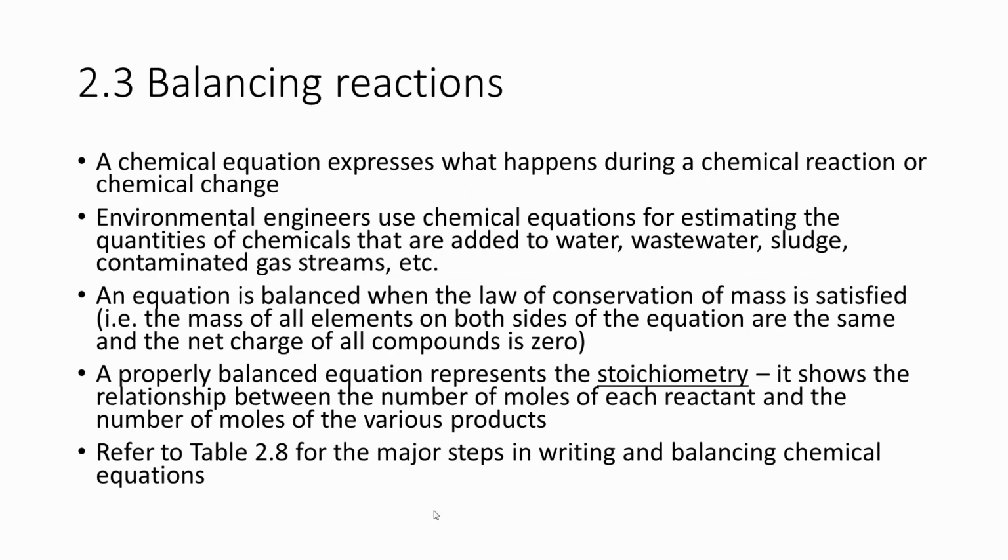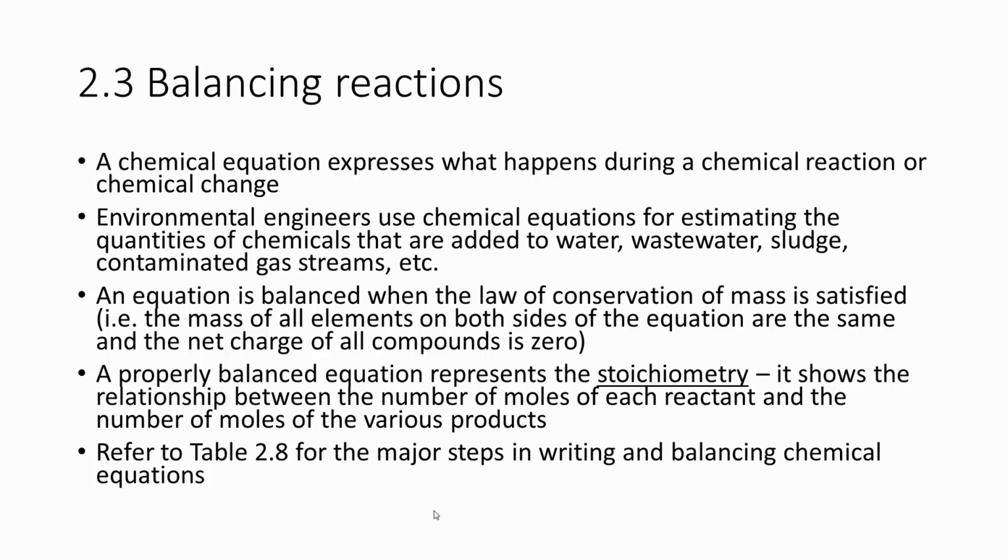2.3 Balancing reactions. A chemical equation expresses what happens during a chemical reaction or chemical change. Environmental engineers use chemical equations for estimating the quantities of chemicals that are added to water, wastewater, sludge, contaminated gas streams, and the like. An equation is balanced when the law of conservation of mass is satisfied.